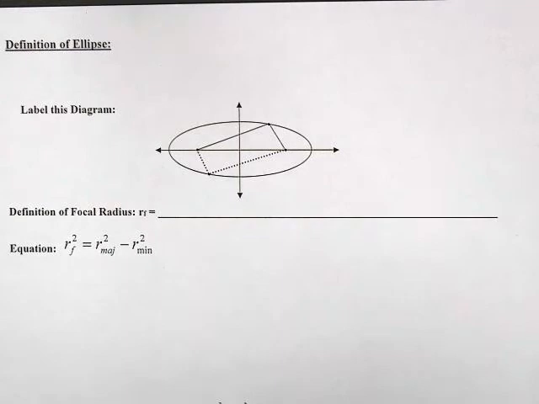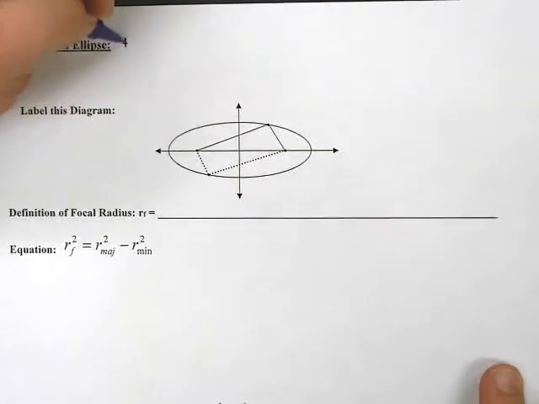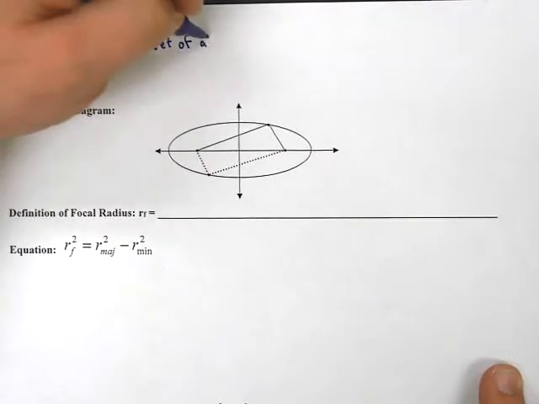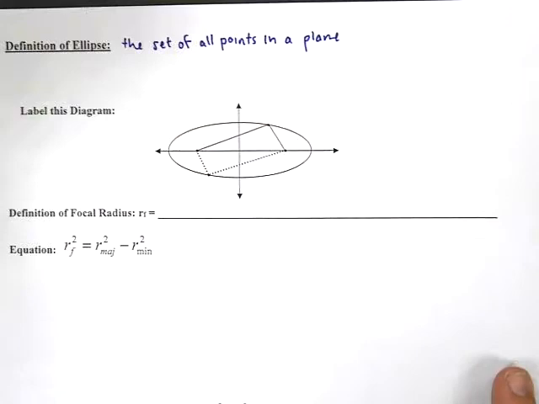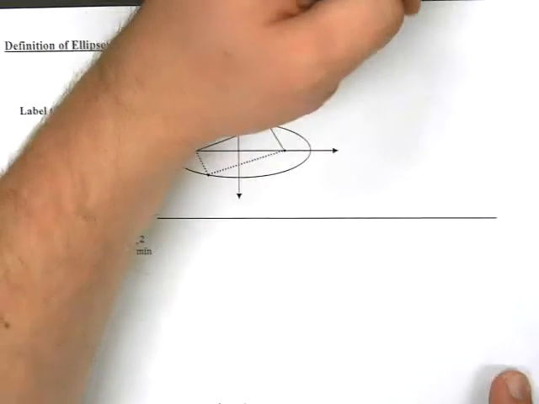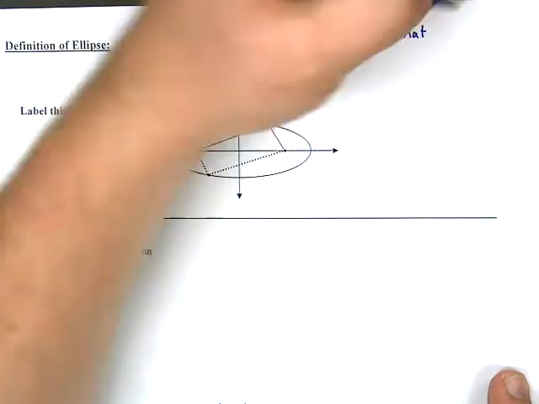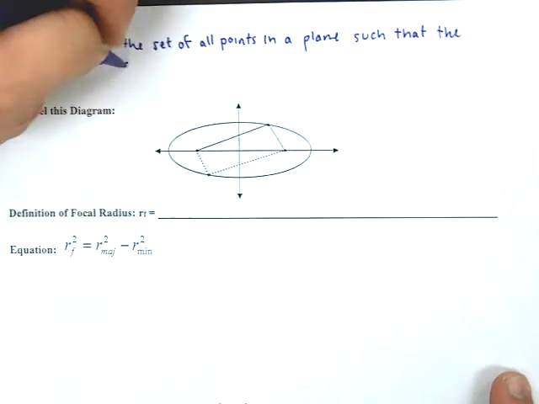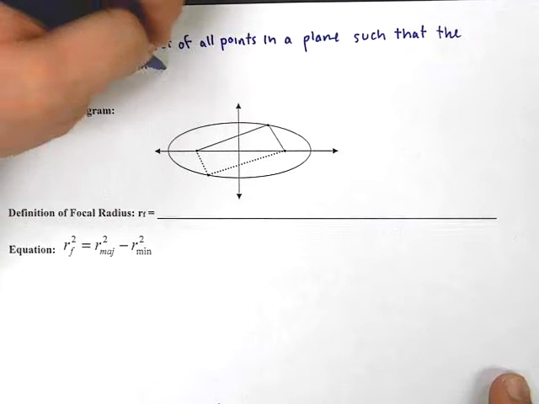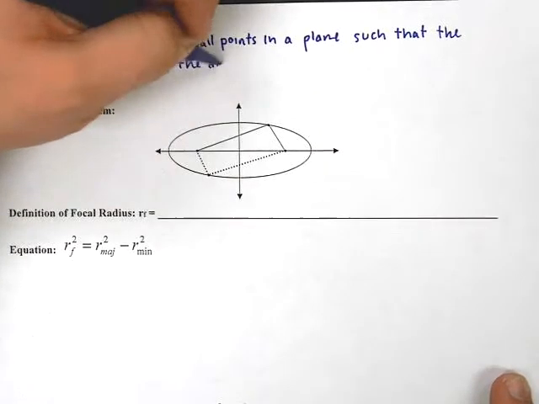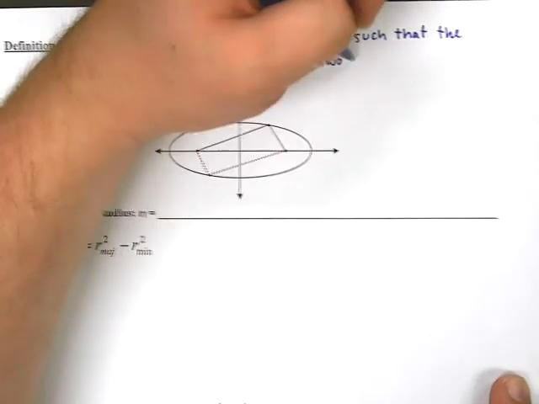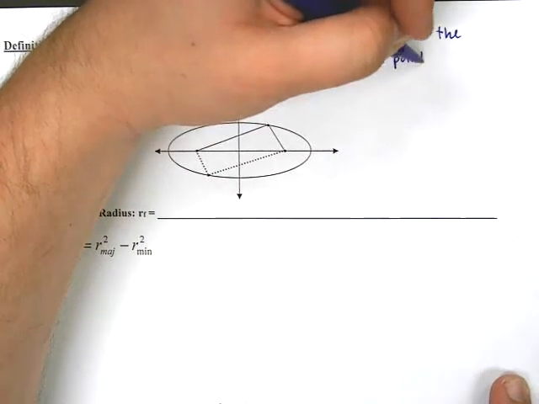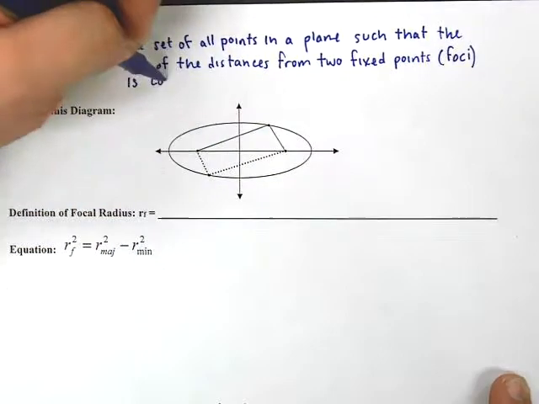All right, so just to remember, an ellipse is what? The set of all points in a plane such that the sum of the distances from two fixed points, which we call foci, is constant.